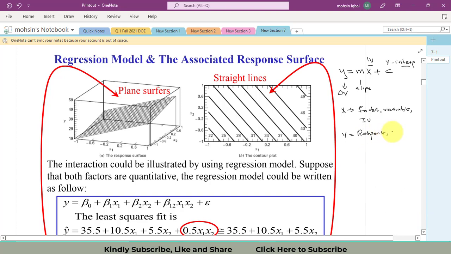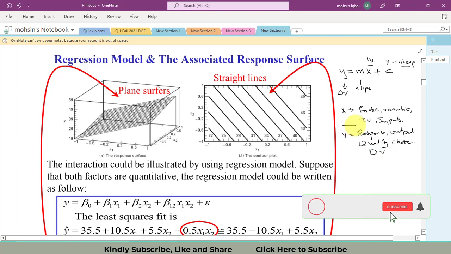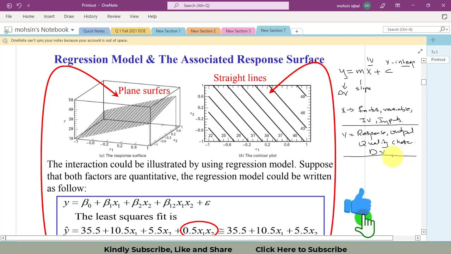Sometimes we call y the output, and we call x the input. We also call y our quality characteristic, and it is our dependent variable. So all of these names are used interchangeably for our dependent and independent variables x and y. Don't get confused by that.